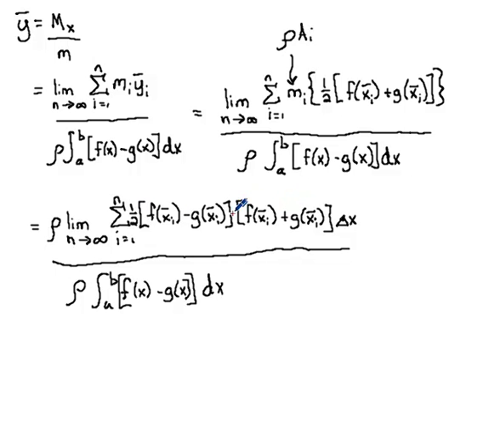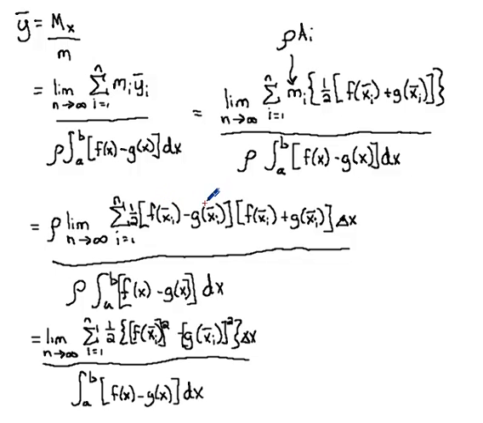Now if you notice, this product is actually called the difference of squares. So I could rewrite that as f squared minus g squared. So you see I wrote it to where the density is canceled, so it doesn't really matter what the density is, that cancels out. And there should be a minus sign in here, you can barely see it, but there's a minus sign and all that.